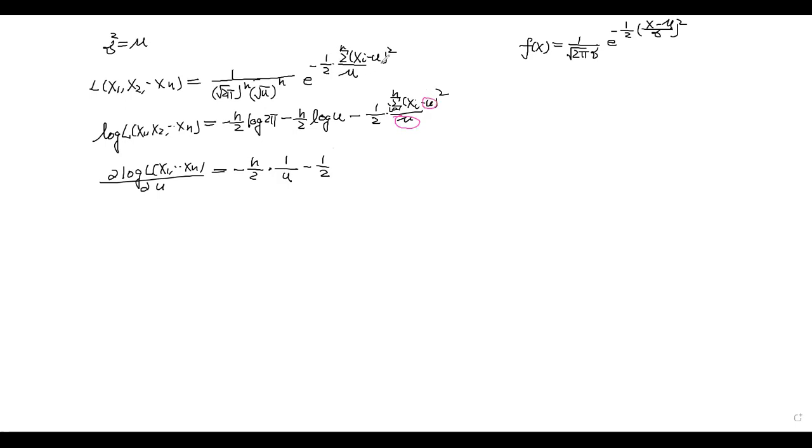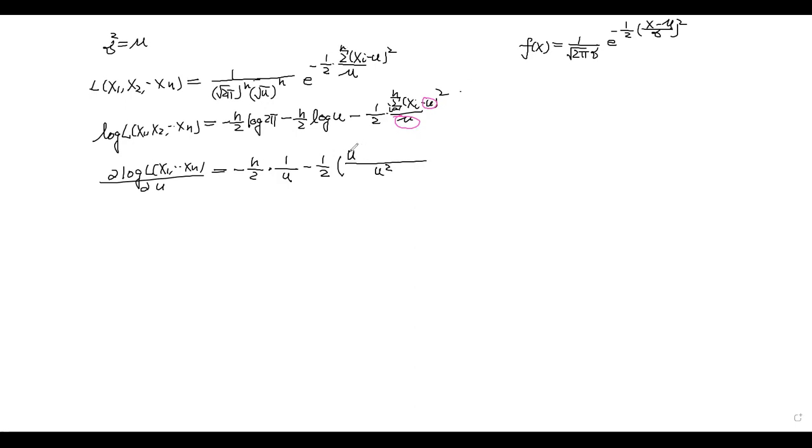This really tests how well you remember your calculus rules. So I use the quotient rule: I square the bottom, so it's mu squared. Then I take the derivative of the top and hold the bottom.